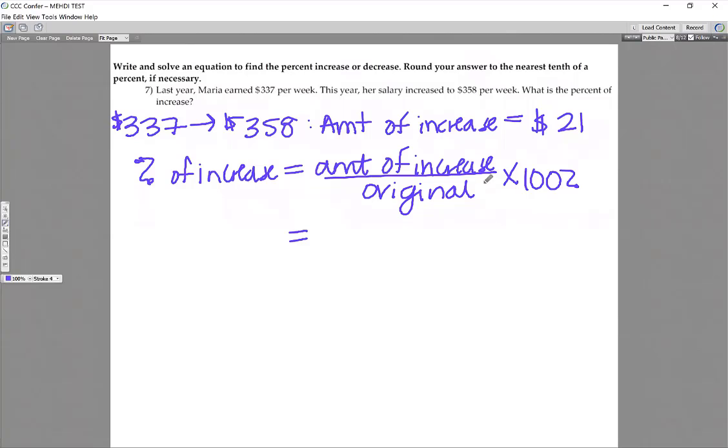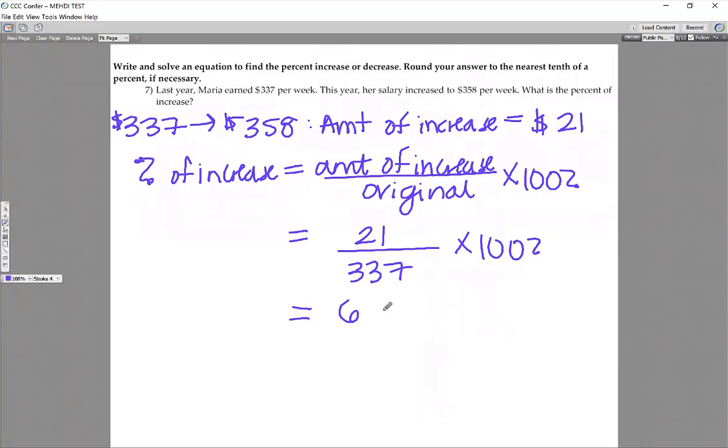So our amount of increase is $21. Our original price is $337, and we're going to multiply that by 100%. But first, we're going to plug into the calculator 21 over 337. And we're going to multiply that by 100%.